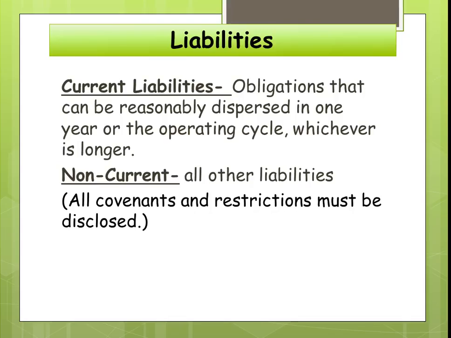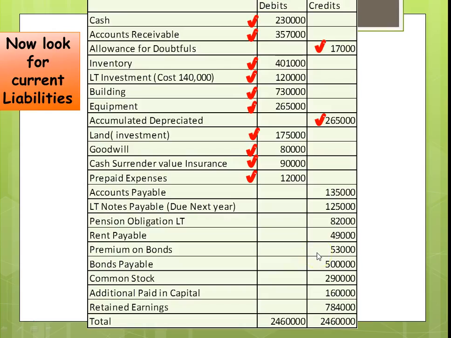So we're going to break down liabilities between current and non-current using the same criteria. And in addition, for the non-current, we have to list in the notes to the financials any covenants or restrictions. So we're going to first look for current liabilities.